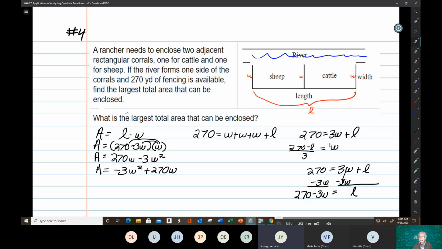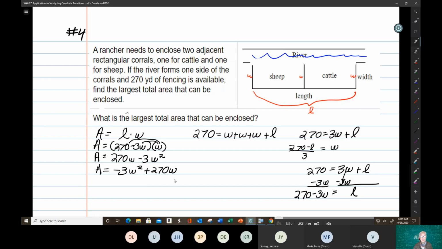So it's just a matter that if I solve for L over here, then I'll get 270 minus 3W. So L is 270 minus 3W. Meanwhile, it's times W. Oh, okay. I see it now. Okay, great.